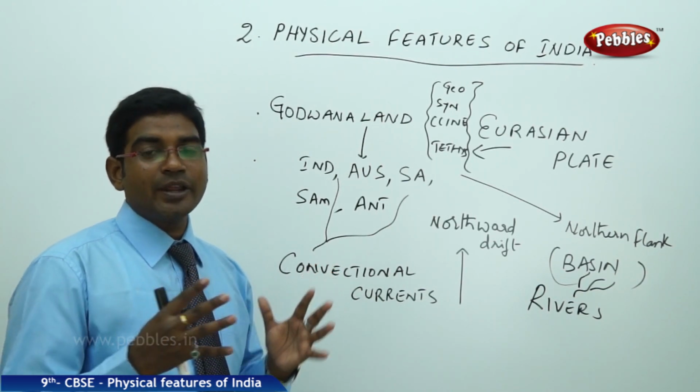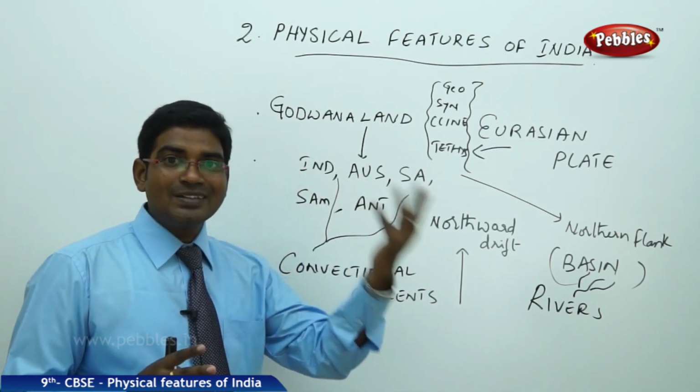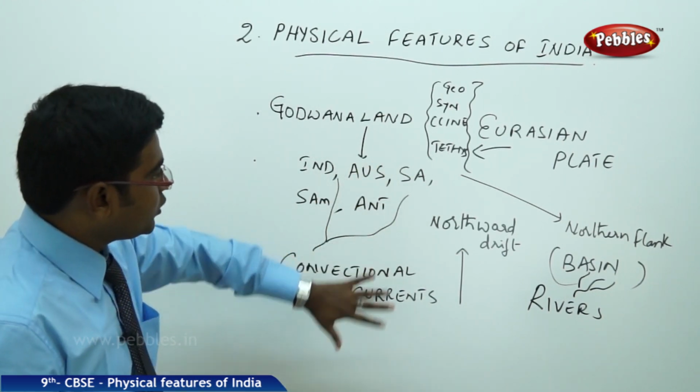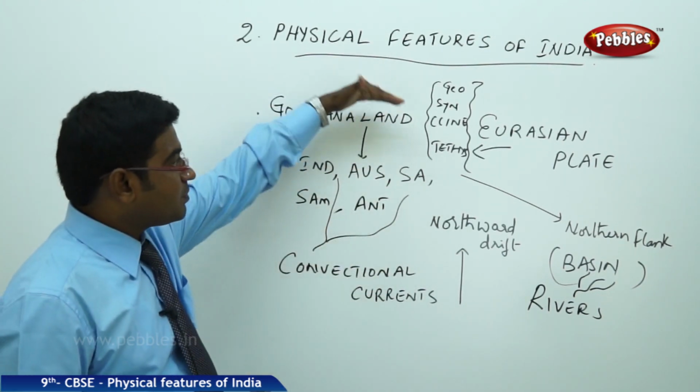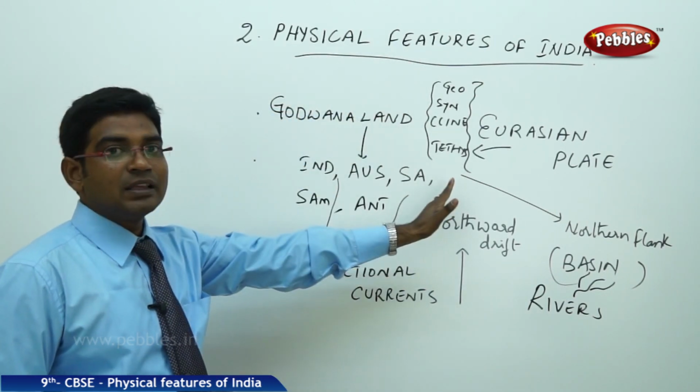It started to get pressurized by the movement of the Gondwana land towards the Eurasian plate.